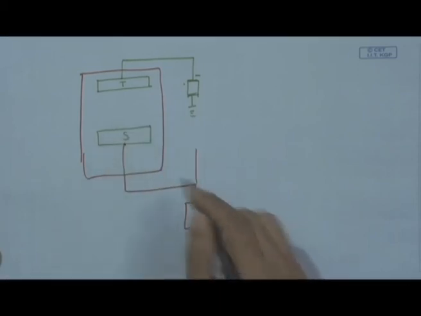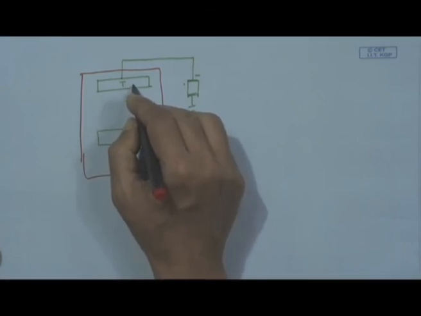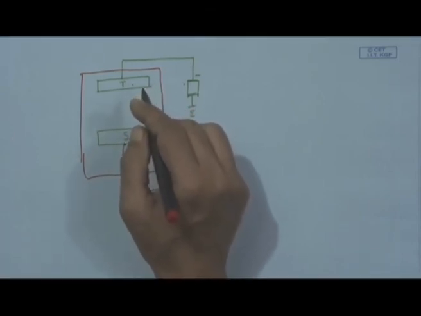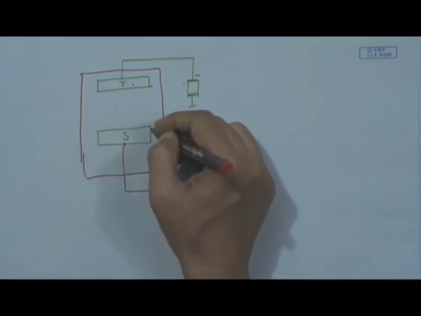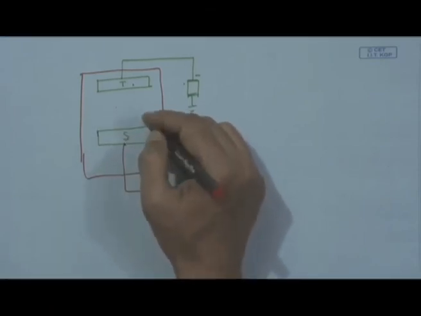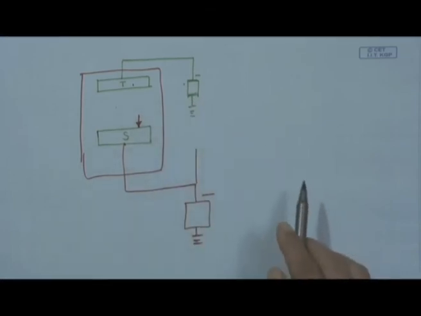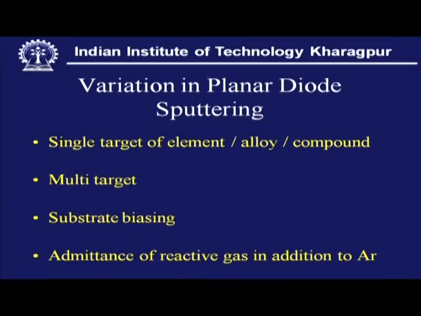So, it is not just that argon is going to strike this surface for getting this ejection of the material, but it can also be a very closely, precisely controlled impingement on this surface to have proper structuring of this built up layer. Similarly, we can also have admittance of a reactive gas in addition to argon.